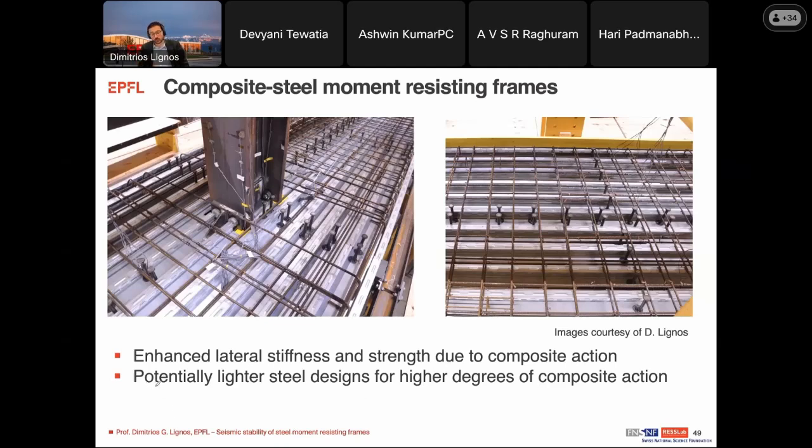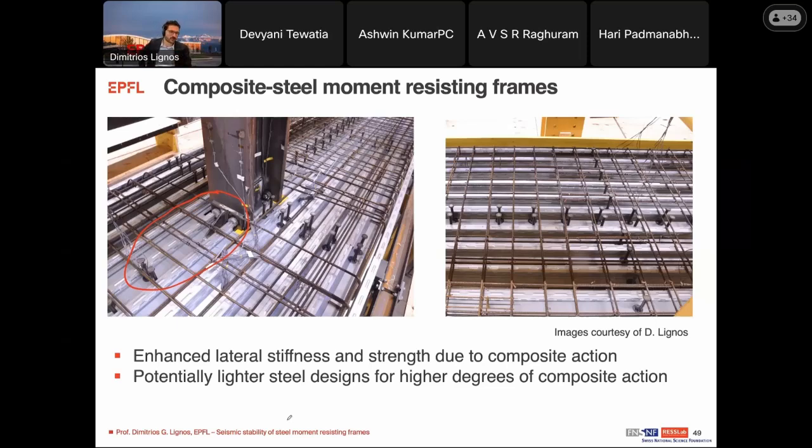And it could potentially lead to lighter steel designs if you leverage a higher degree of composite action. But of course, there are concerns, for instance, near the dissipative zone here. A lot of people think that we should not use the composite action. But the question is if we see any problems related to this.